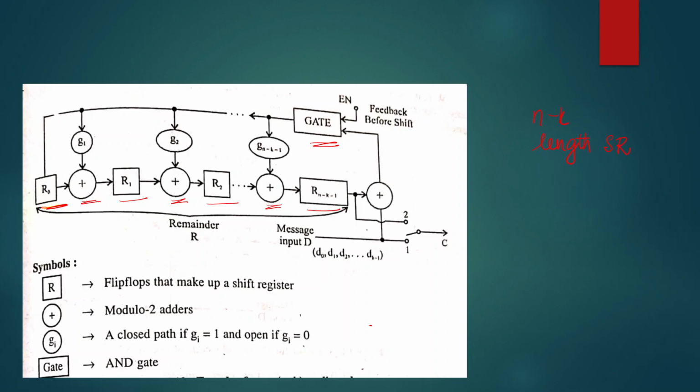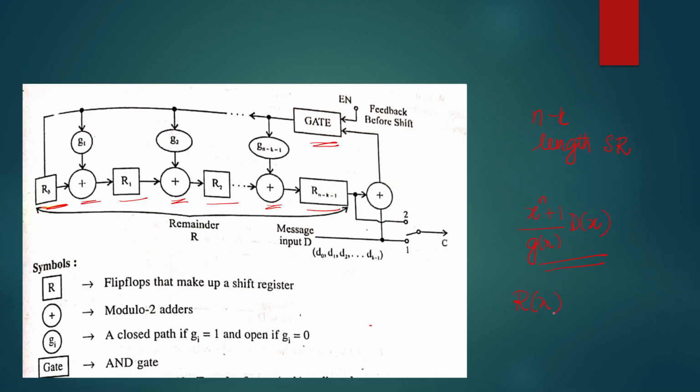What we are basically doing here is finding a mechanism for the division process of x to the power n minus k times d(x) divided by g(x), so as to obtain a remainder.